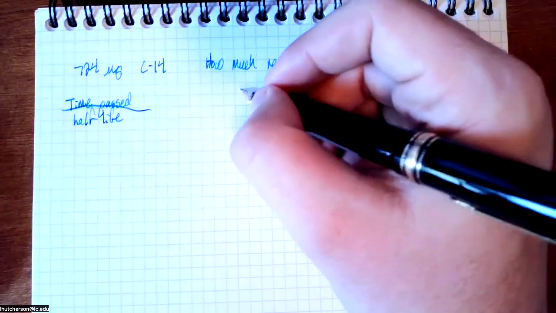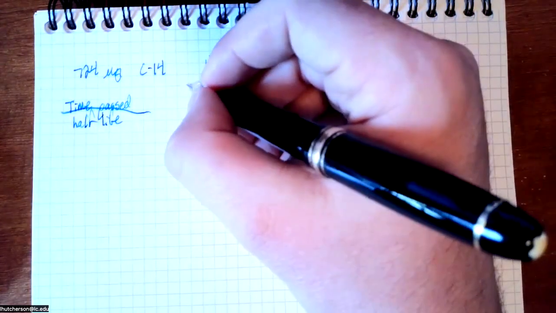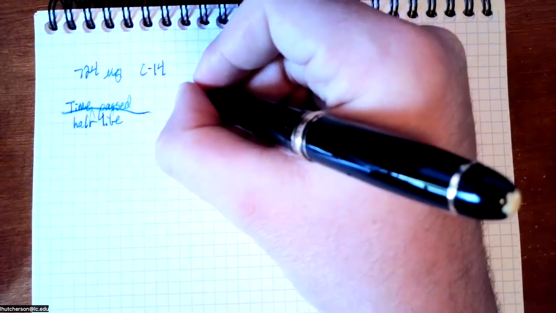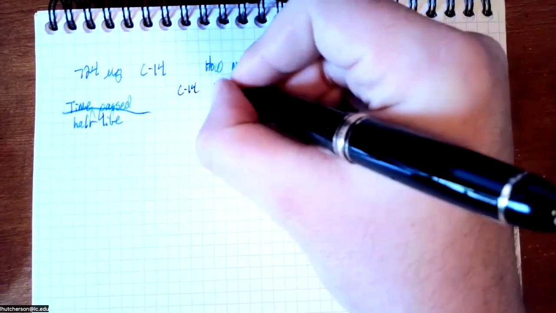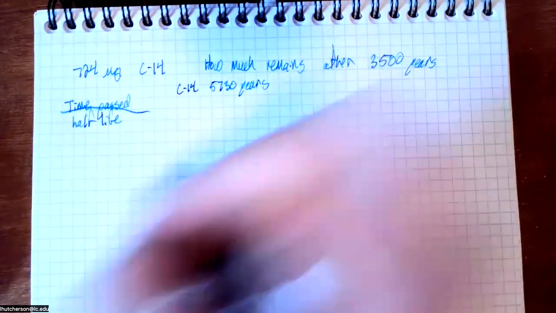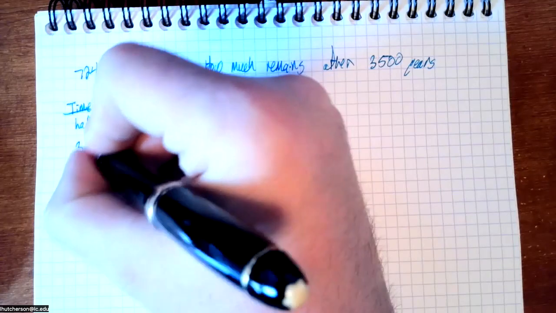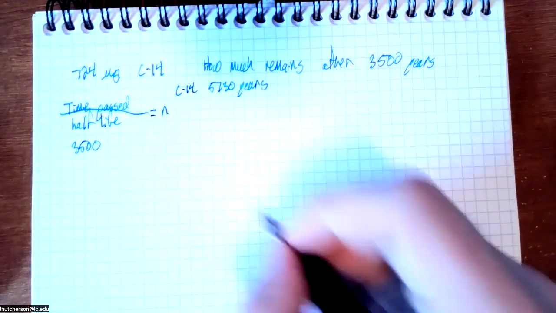Now, I gave this to you on the previous page. I realize it's not written here. Again, this would be provided to you. Half-life of carbon-14 is 5,730 years. So I can take 3,500. By the way, I'm going to call this N. That's our number of half-lives.